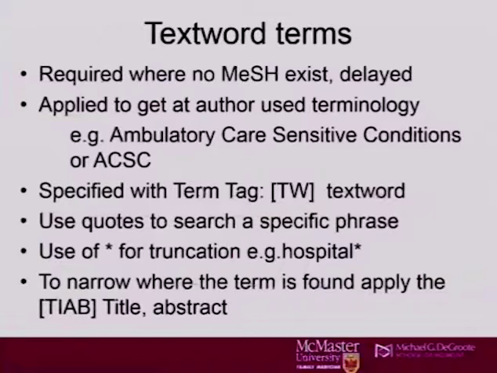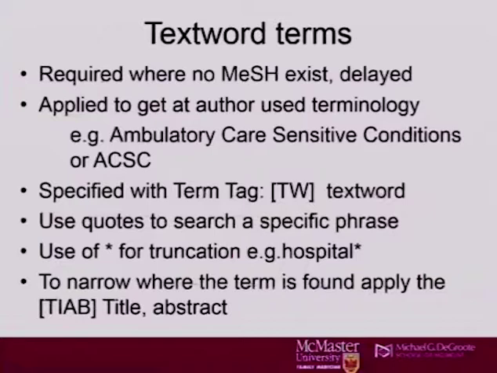Okay. So the next important aspect of strategy building is text word terms, and these are really important where no MeSH term exists, or you know it to be delayed in getting onto a body of literature. Certain journals lag in getting their MeSH terms more so than others.